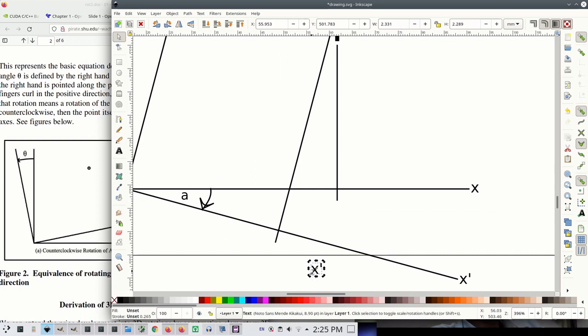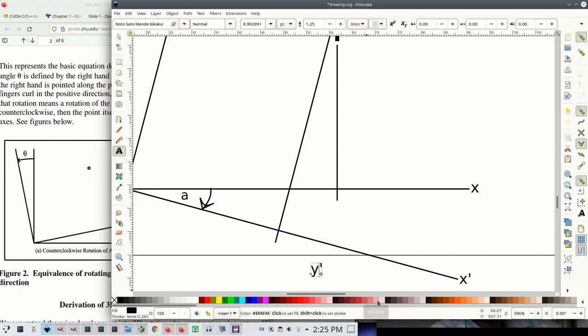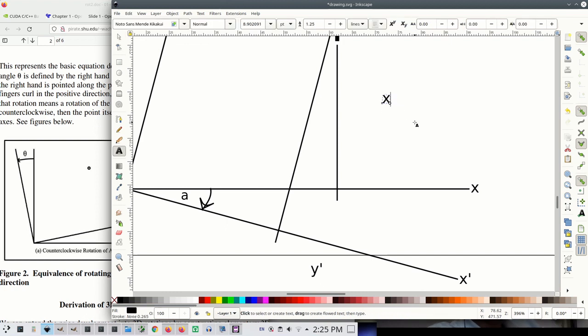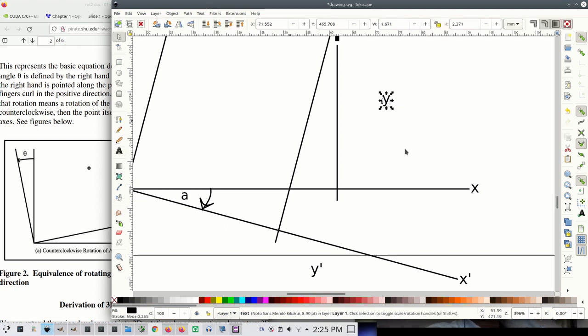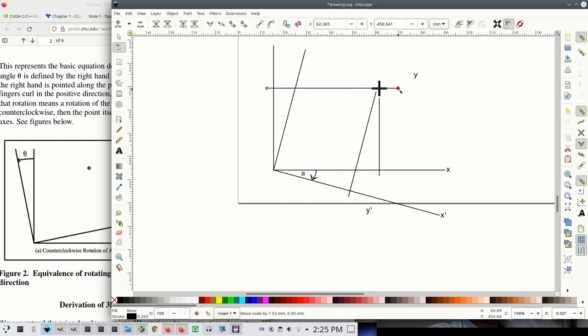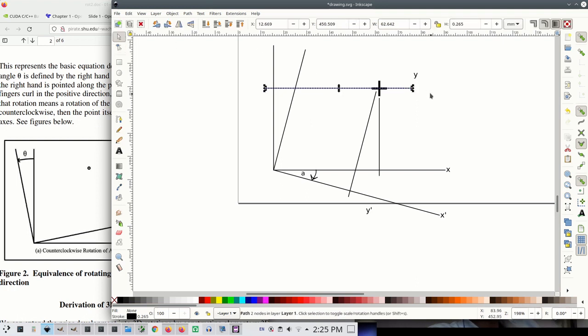And y prime now, and y also. I'm going to mark those. Okay. I'll take this line and extend that. That's our y. So we have x over here. This is our x value here.